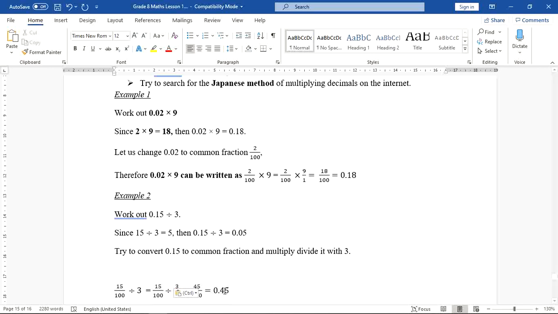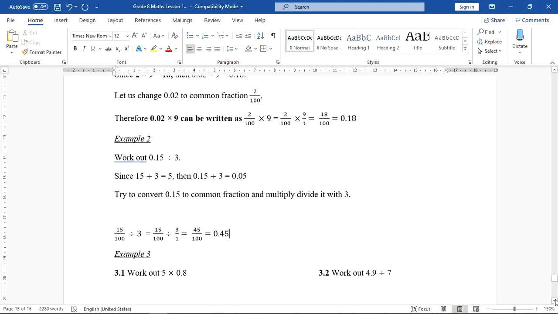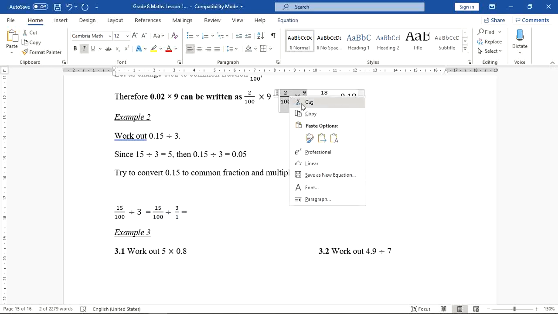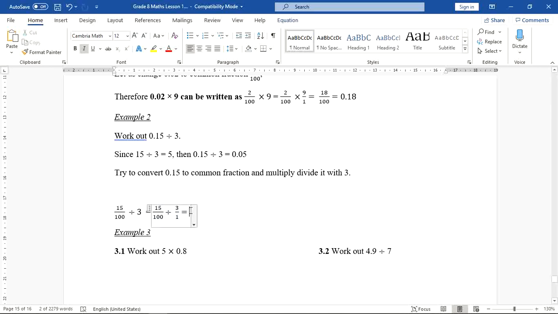Every time you are dividing fractions, you must change the sign to multiplication, and you keep the first fraction as it is. You change the sign to a multiplication, and you turn the second one around, a reciprocal.